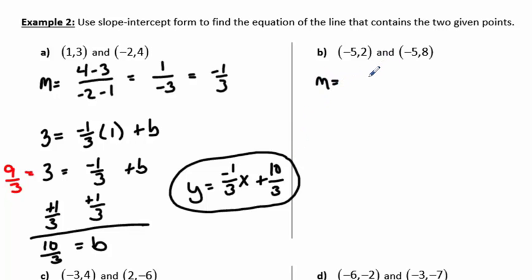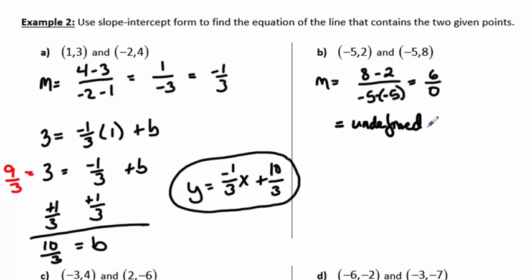We're going to find the slope. So again, the slope is found by taking y2 minus y1, so 8 minus 2, over x2, negative 5, minus x1, negative 5. So I get 6 over 0 right here, which is undefined.